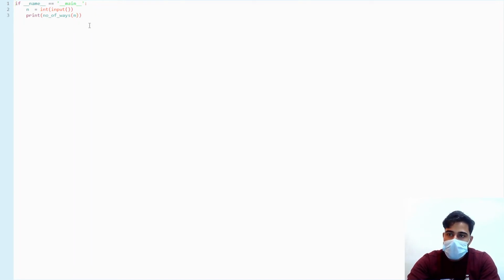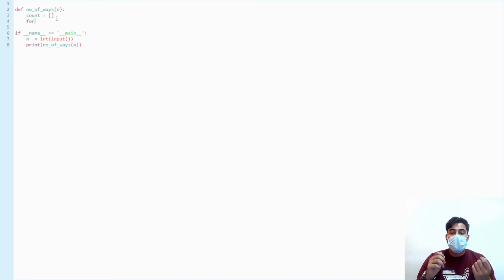So let's create this function, def number of ways. The first thing we do in this function is create a list count. We know that a list can hold any number of elements, but we want it to be of size n plus 1.